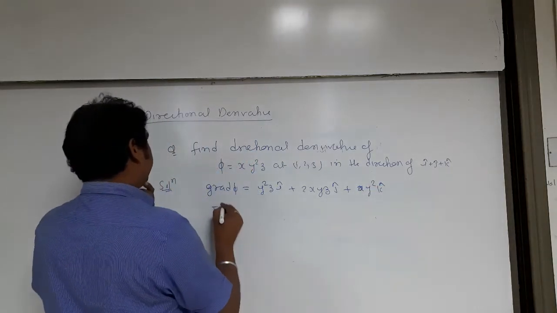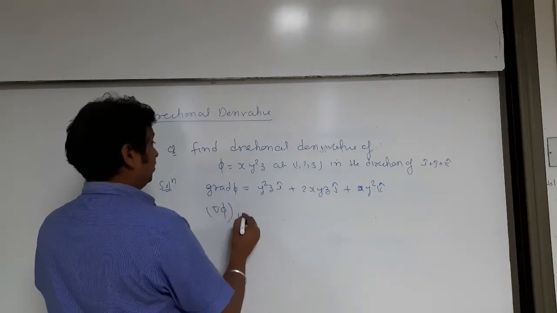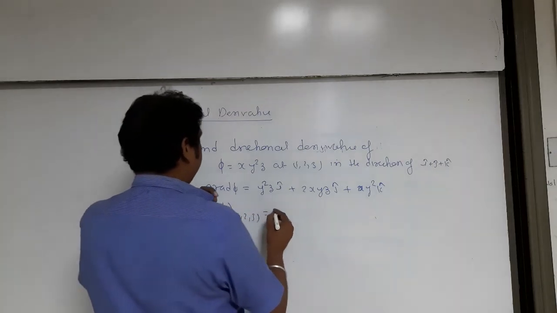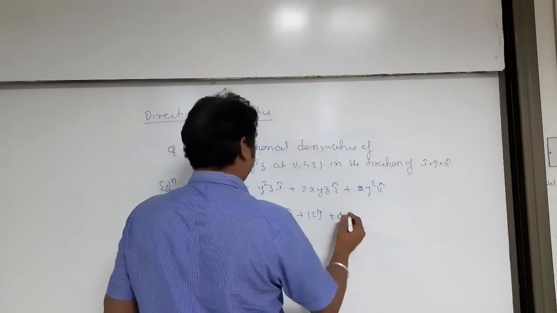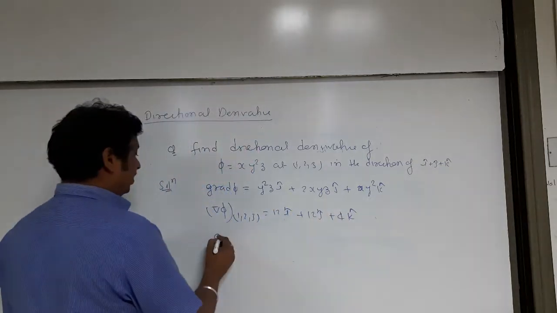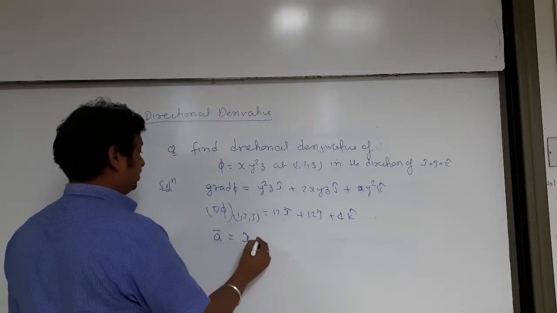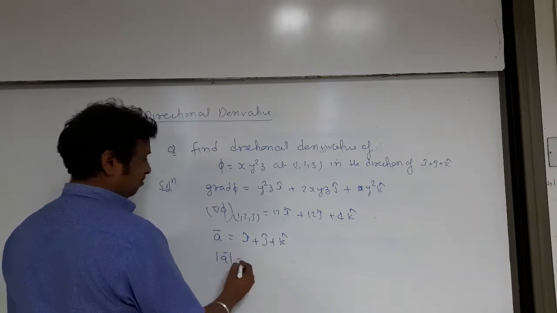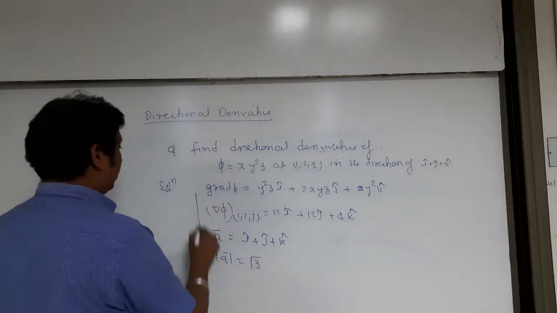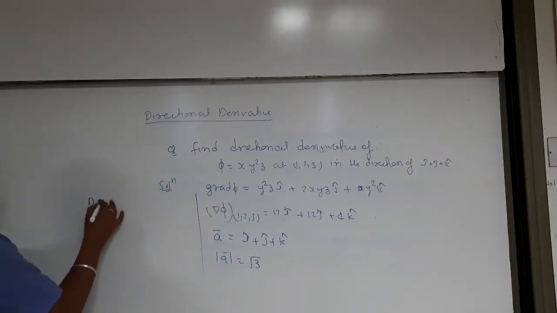So del phi at which point? 1, 2, 3. Already we calculated: 12 i, 12 j plus 4 k. Now what is the A vector given here? i plus j plus k. What is mod A? Mod is root 3. So what is the directional derivative? It's very simple now.